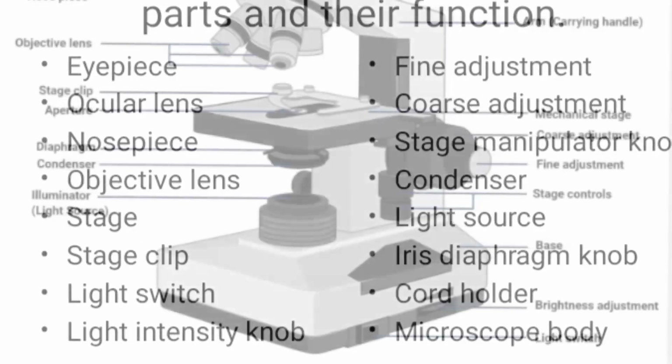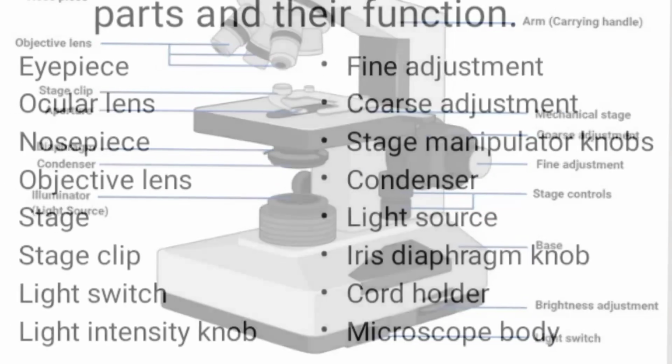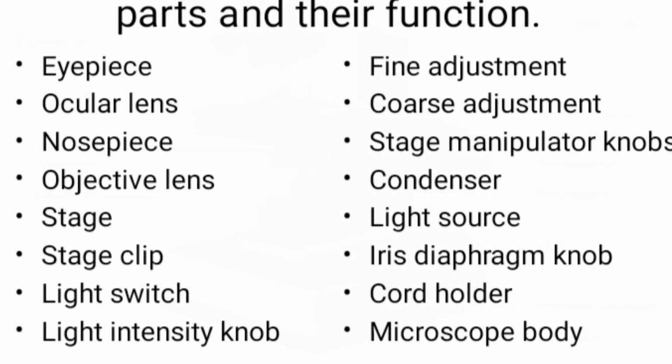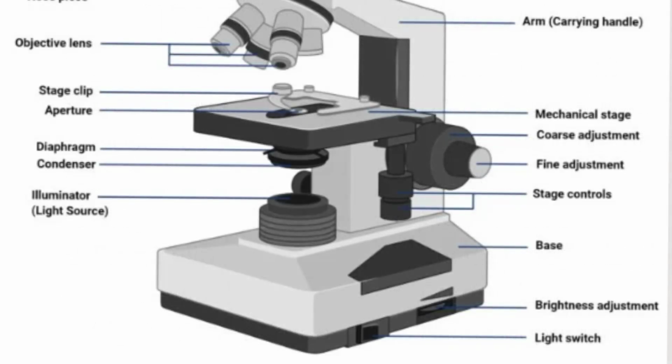The location of the light intensity knob also varies depending on the microscope model. Function: the light intensity knob adjusts the brightness of the light source. By rotating this knob, the user can increase or decrease the intensity of light illuminating the specimen, providing optimal illumination for observation.